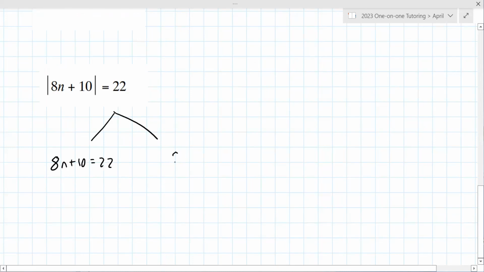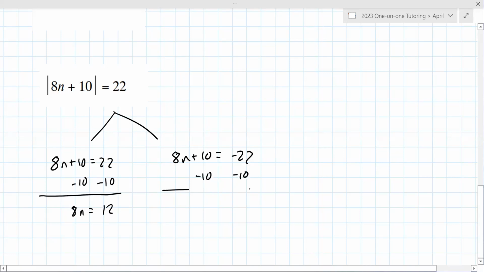Okay, I have, hold on, let me make sure. I have n equals 3/2 and n equals -3/6/8. I divided by 8, but first you have to subtract 10 from both sides. Right, yeah, I did that. So do you have 8n equals -32?